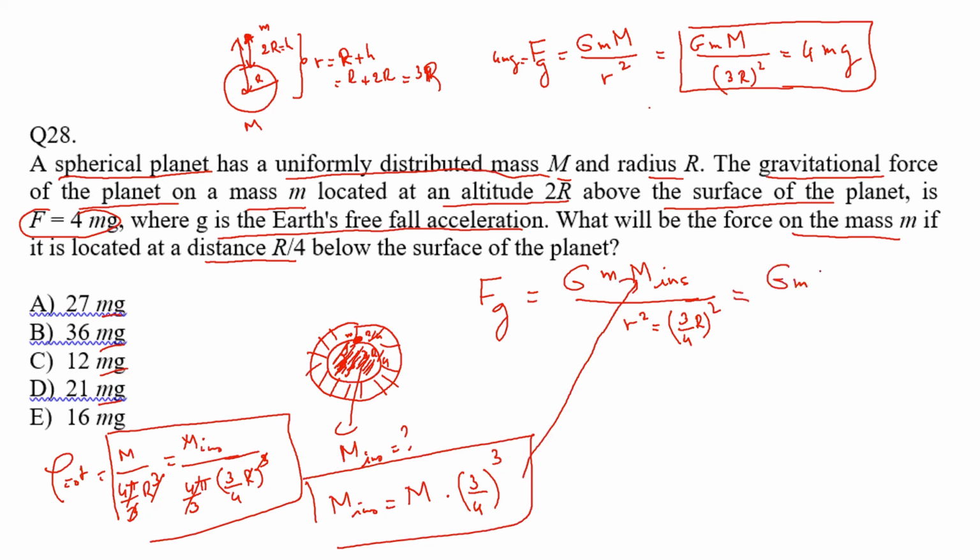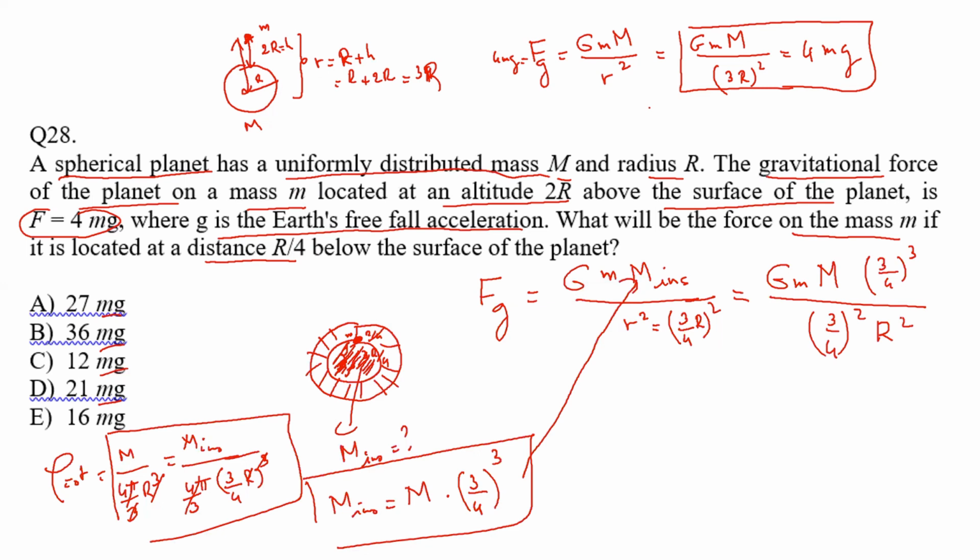G m, and mass inside I will replace by M times 3 divided by 4 cubed, and here I will divide it by the radius, which is 3 divided by 4 squared multiplied by r square.